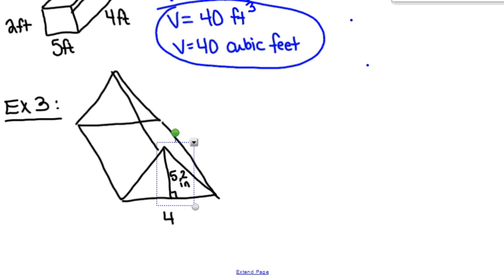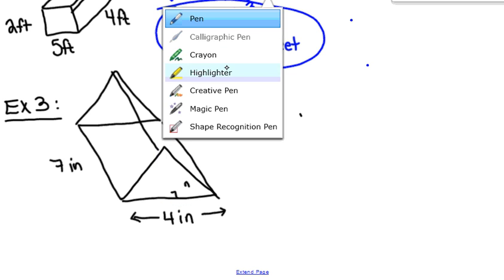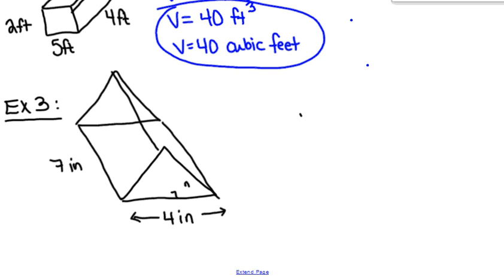I'm going to make this piece down here 4 inches. And this piece over on the left side, I'm going to make 7 inches. So the first thing that I'm going to do here is I'm going to look to see if I have any of those triangular bases.